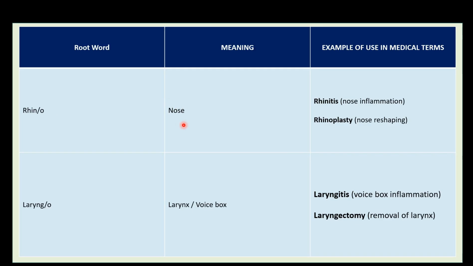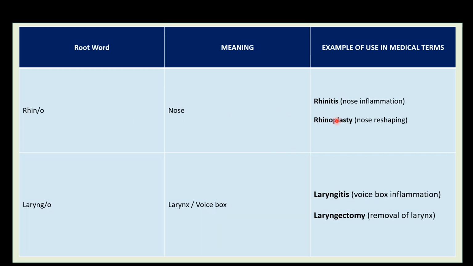If you find this kind of root word in any terminology, you can easily relate it with the nose, and as we discussed, it contains 90% of the information. So you can easily identify that word and get the actual meaning.